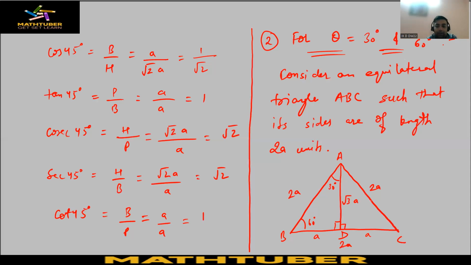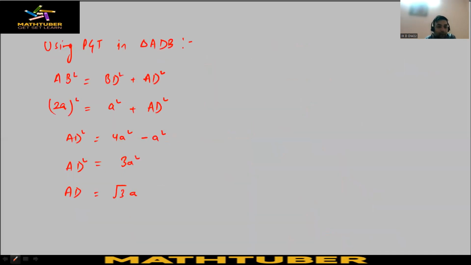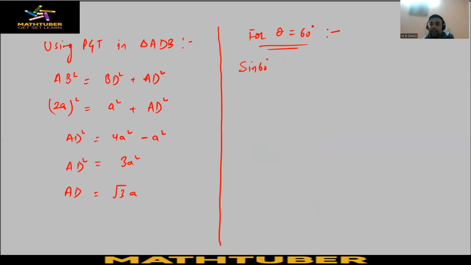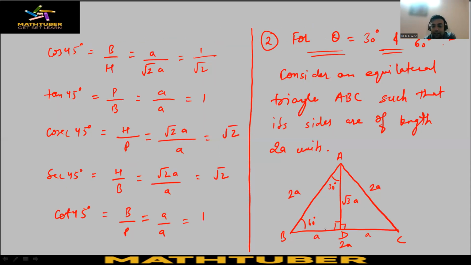Now let us first find out the values for 60 degree. So according to 60 degree, AD becomes the perpendicular. So for theta equal to 60 degree, first sine 60 degree is equal to perpendicular upon hypotenuse, and clearly perpendicular here is, according to 60 degree, it's AD, which has the length root 3A.